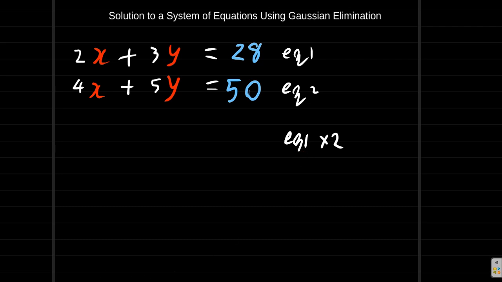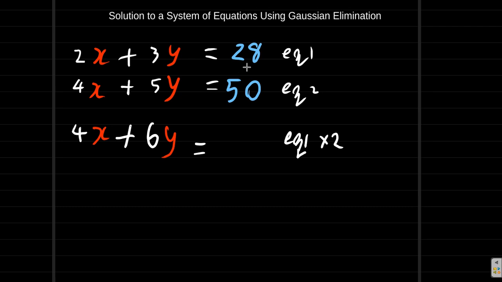Now, here, what we have is equation 1 times 2. And we must have a reason for doing it. We want another 4x. So 2 times 2 is 4. So we have 2x times 2 is 4x, plus 3 times 2 is 6, so we go from 3y to 6y. See that?